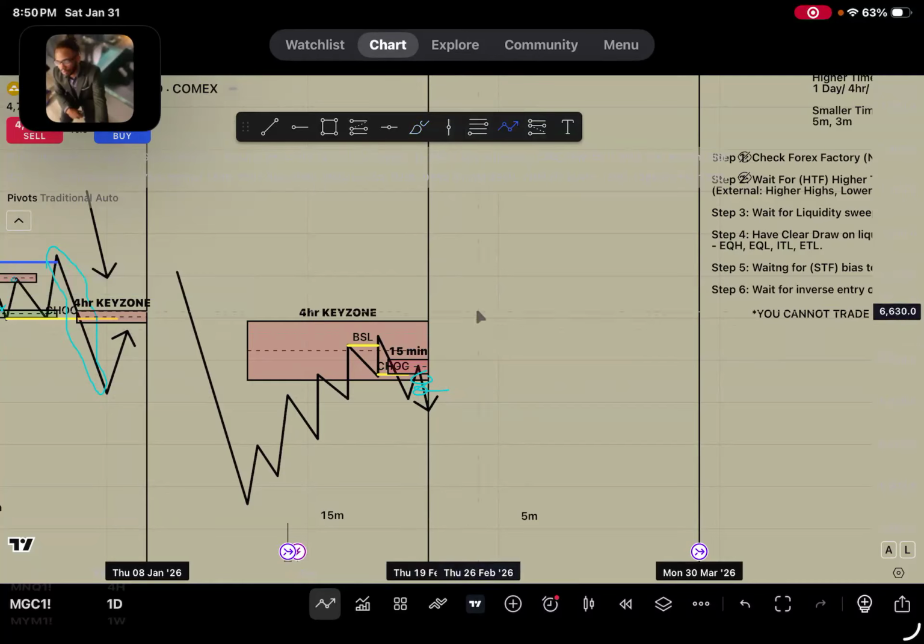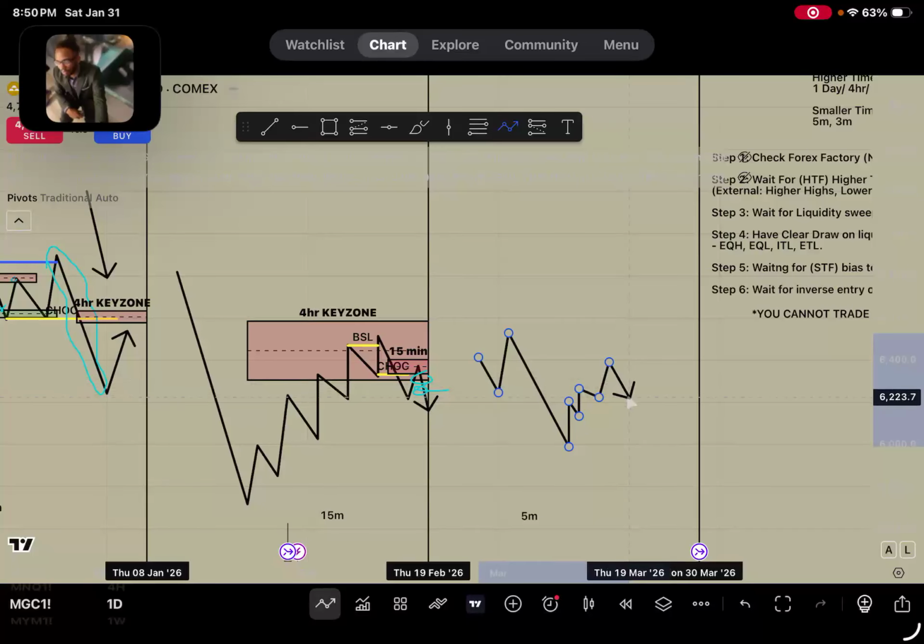We got the buy side, and we got the change of character, and it went up into the gap. We can see the more candles coming up into the gap over here.